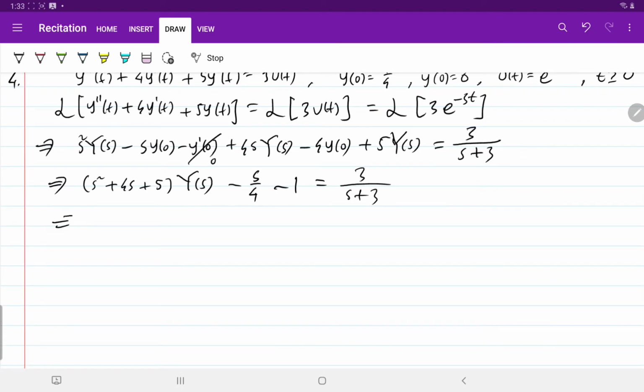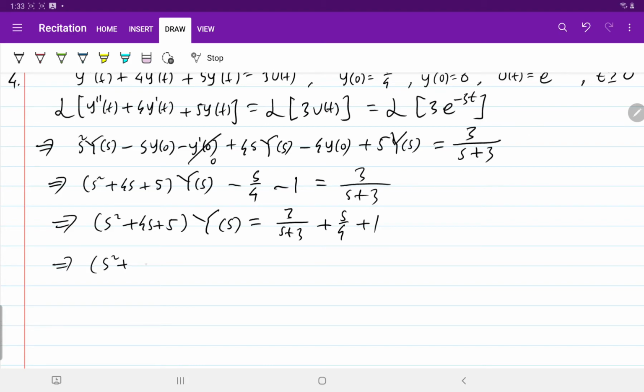Okay, you can simplify this as s squared plus 4s plus 5 y of s, and then you bring this to the other side. You have 3 over s plus 3 plus s over 4 plus 1.